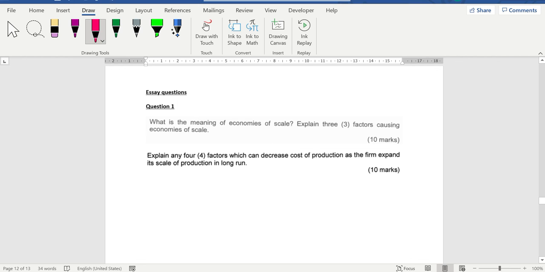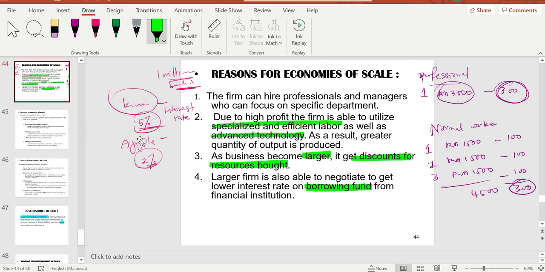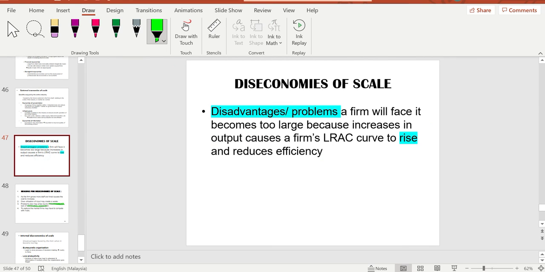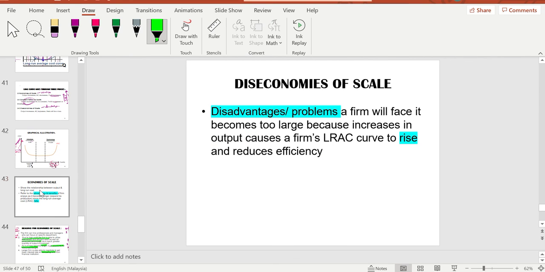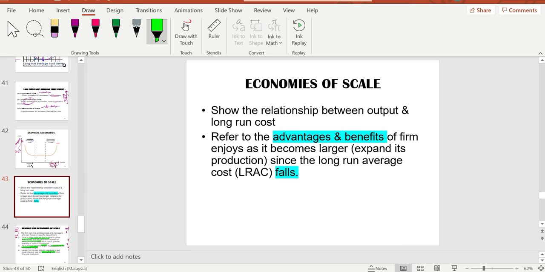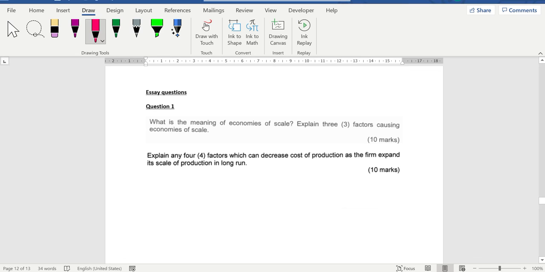Kita nak bantu you supaya you dapat markah kan. What does it mean by economies of scale? Advantages, jangan lupa economies of scale means the advantages a firm enjoys as it becomes larger, expanding its production, since the long run average cost curve falls. Explain 3 factors causing the economies of scale.